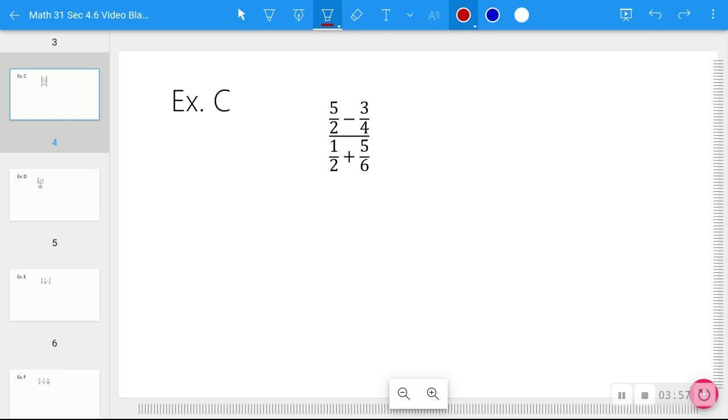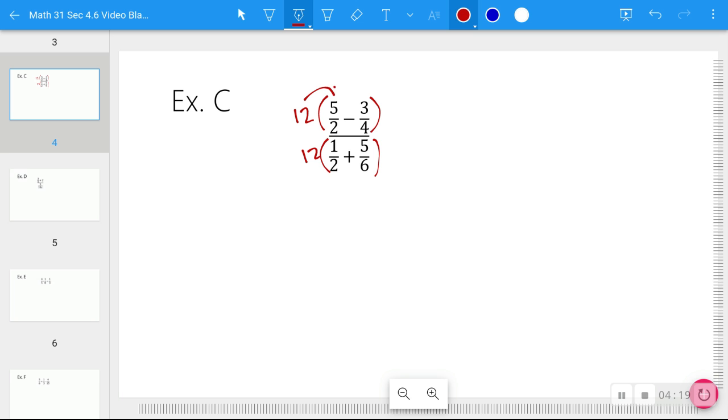2 goes into 12, in other words, 2 is a factor of 12. 4 is also a factor of 12, and so is 6. So we're going to multiply this by 12. Now, because of this minus and this plus here, we're going to have to use the distributive property.